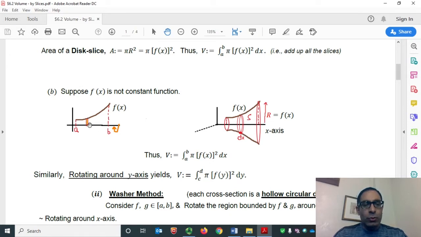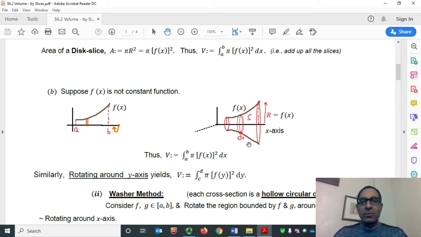The width of this stripe is dx, and the cross section will be a circular disk again. So first find the area of the circular disk, which is pi radius squared. The radius is the distance from the axis of rotation to the outer surface of this solid, which is this height, f(x).